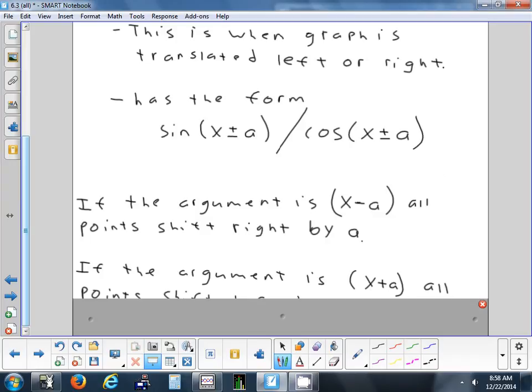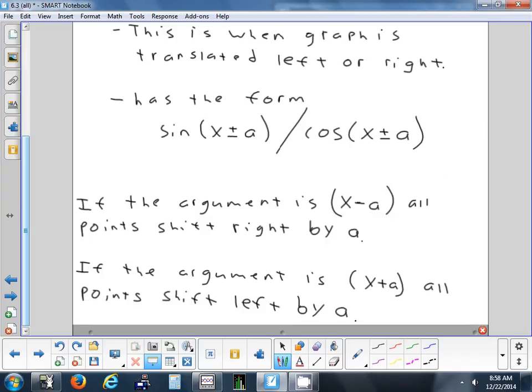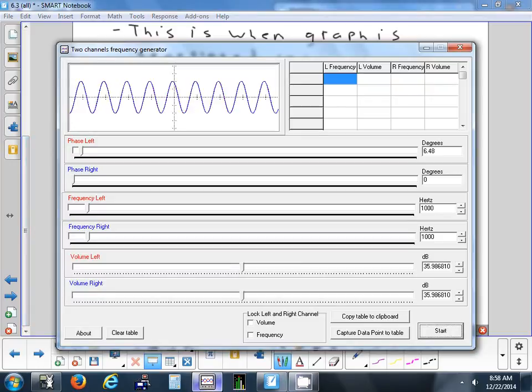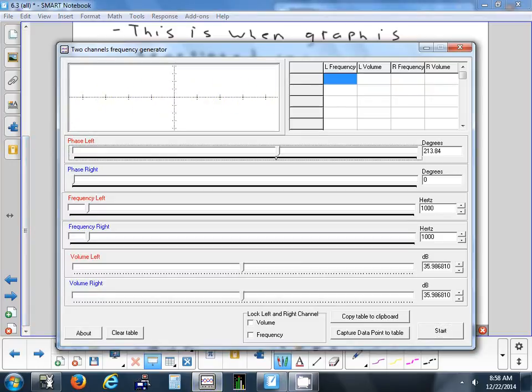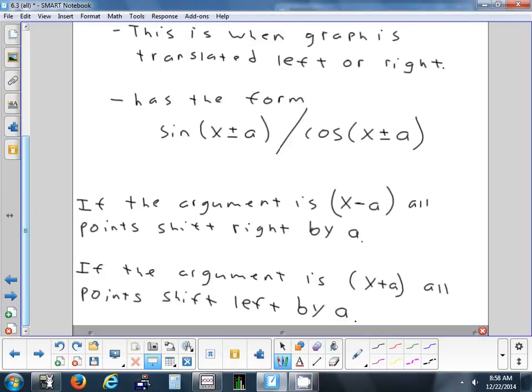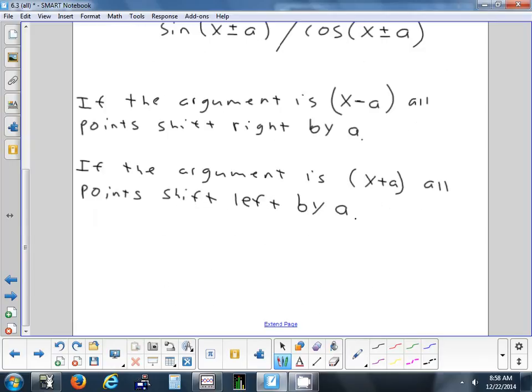To find the new x's, we do what we've always done. Look at what's been added or subtracted and do the opposite. So if you see a plus pi, that really shifts it to the left, so you're going to minus pi from all the x's. So inside the parentheses, you do the opposite of what you see to each of the original x's. Okay, so we'll go through an example.